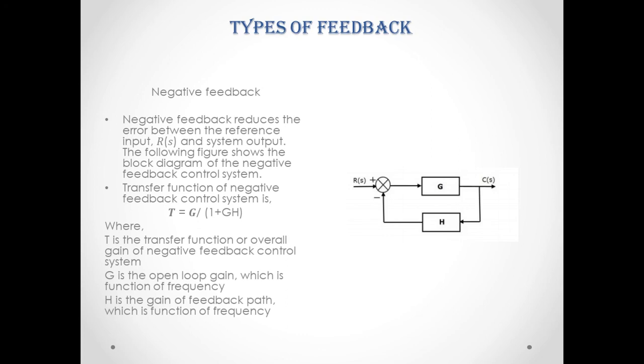In positive feedback, we have 1 minus G multiplied by H. In negative feedback, we are having 1 plus G multiplied by H. In positive feedback, the system tends to become unstable, and negative feedback helps to control the proper output as desired.